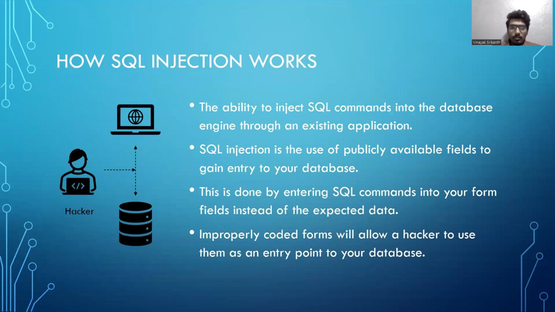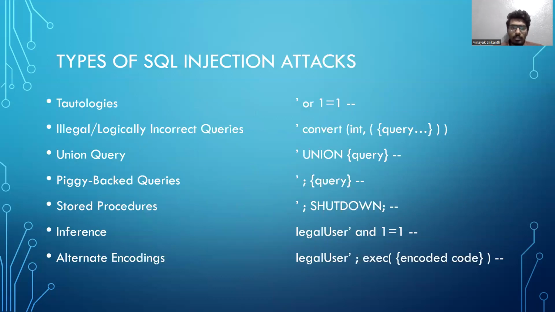So how SQL injection works is the ability to inject SQL commands into the database engine through an existing application using the user input fields. SQL injection is done by entering commands into your form fields instead of expected data. Improperly coded forms will allow a hacker to use them as an entry point to the database used in the backend.